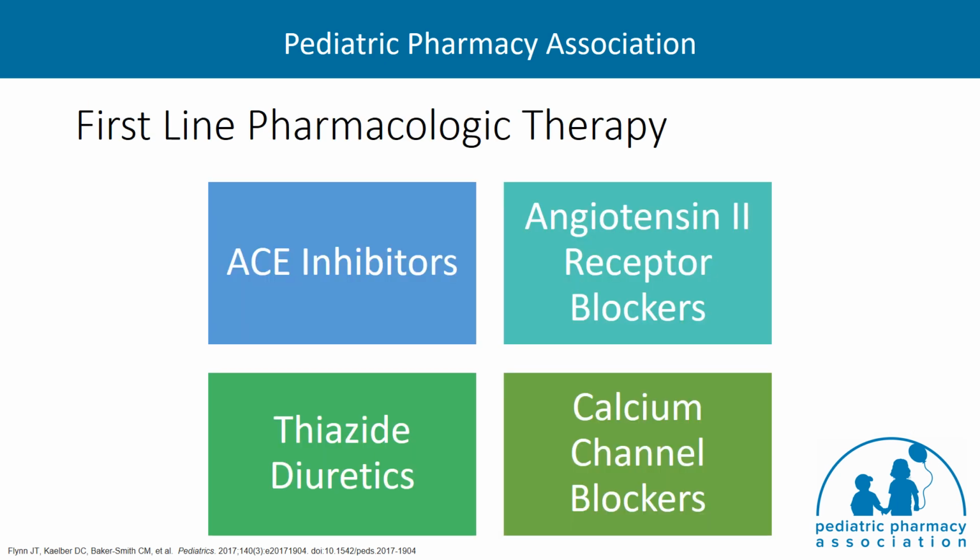Now switching gears from lifestyle modifications to pharmacologic therapy. These drug classes are similar to what you may be familiar with in the adult population. They include angiotensin converting enzyme or ACE inhibitors, angiotensin II receptor blockers or ARBs for short, thiazide diuretics, as well as calcium channel blockers.